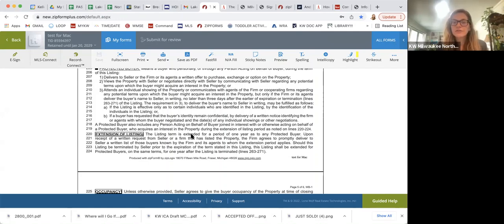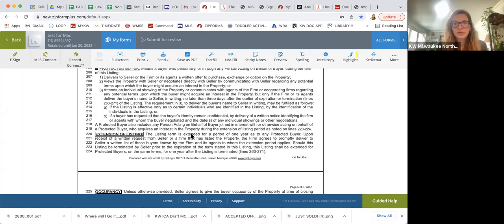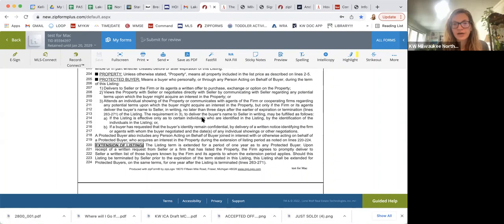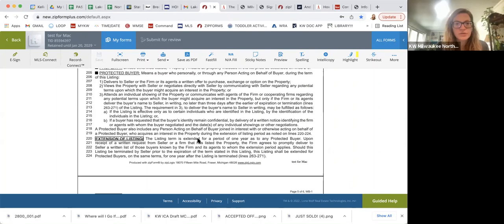They either give it to their next agent if they're going to be working with another agent, or, again, keep it. And if they enter into an offer to purchase agreement with one of those named protected buyers offline, or just between the two of them, that seller still owes us a commission. So it's very important that that letter gets out in a timely manner. I'll just go through the provision right now.